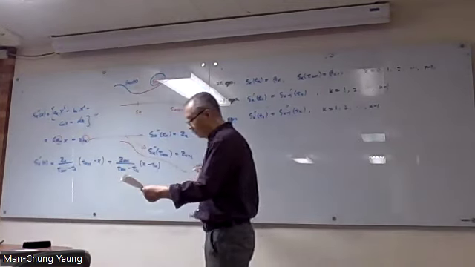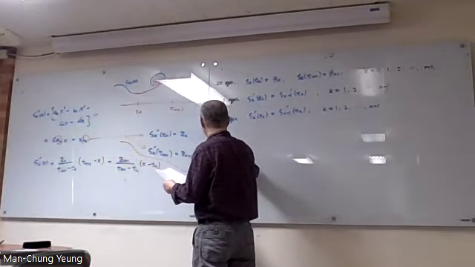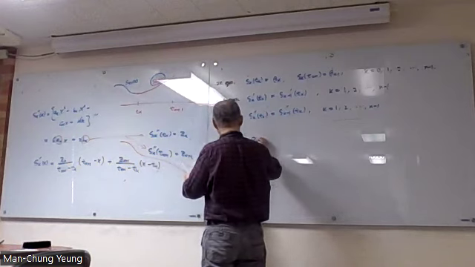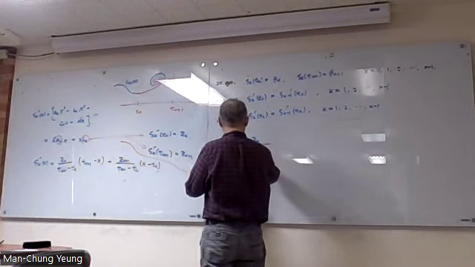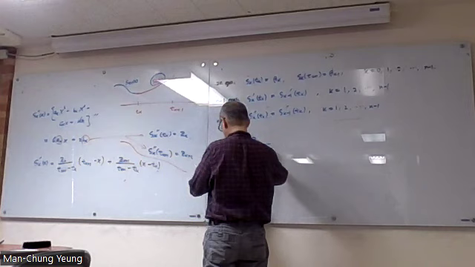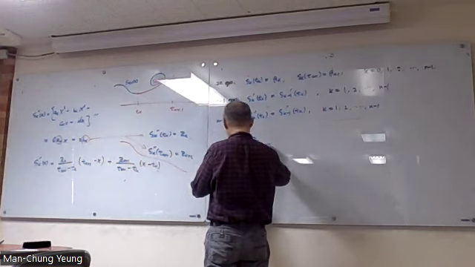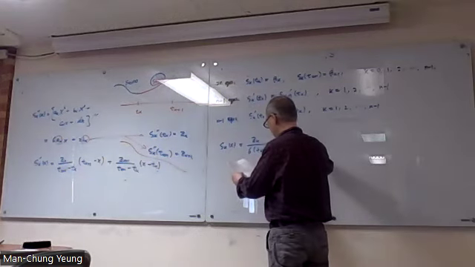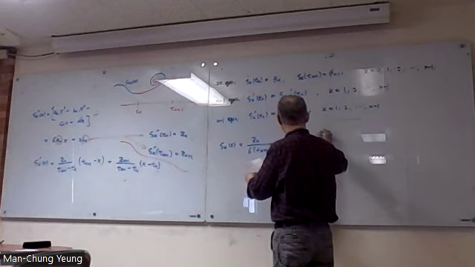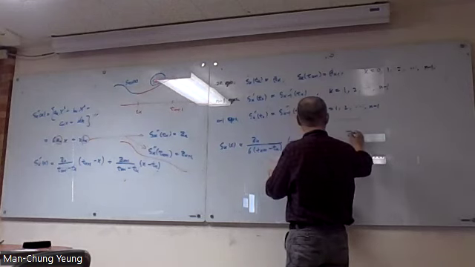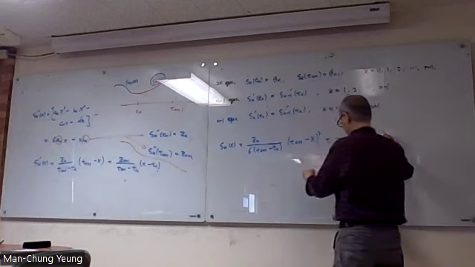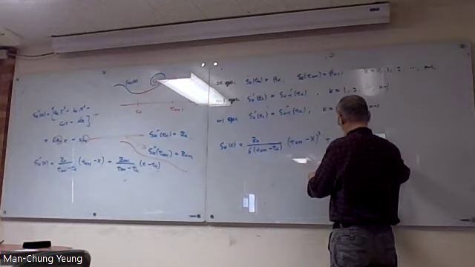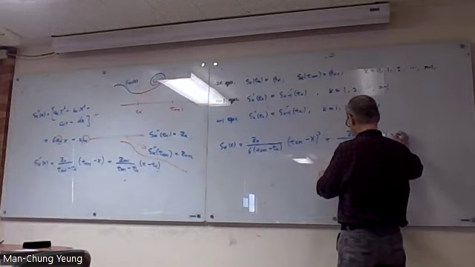Now take the integral twice, then I get Sk(x) is Ck over 6 hk times (tk plus 1 minus x) cubed, plus Ck plus 1 over 6 hk times (x minus tk) cubed.